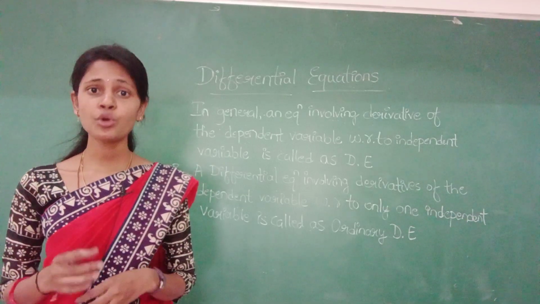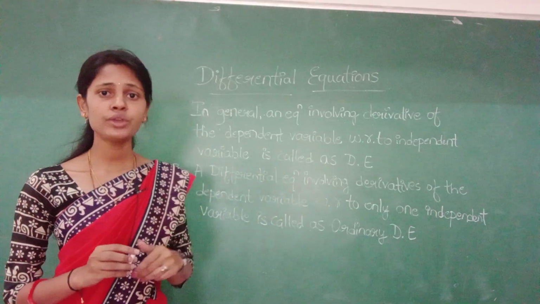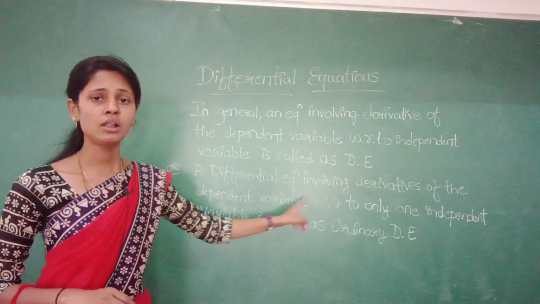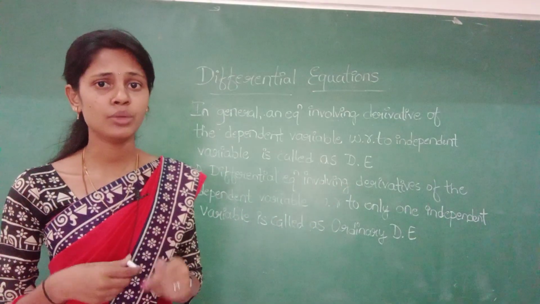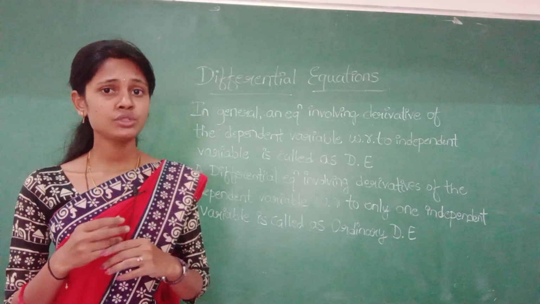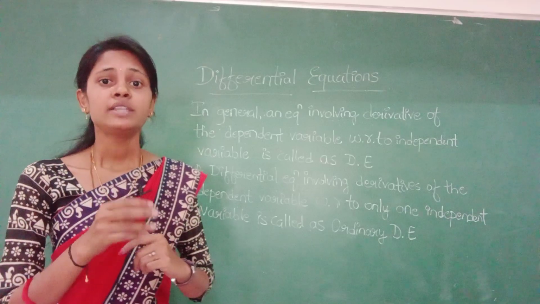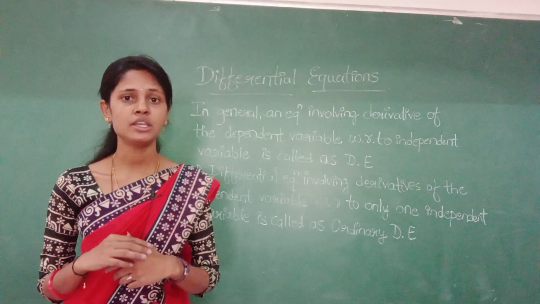See here, suppose we have a differential equation involving derivative of the dependent variable with respect to more than one independent variable. So here I am using more than one independent variable. Then we say that equation is a partial differential equation.